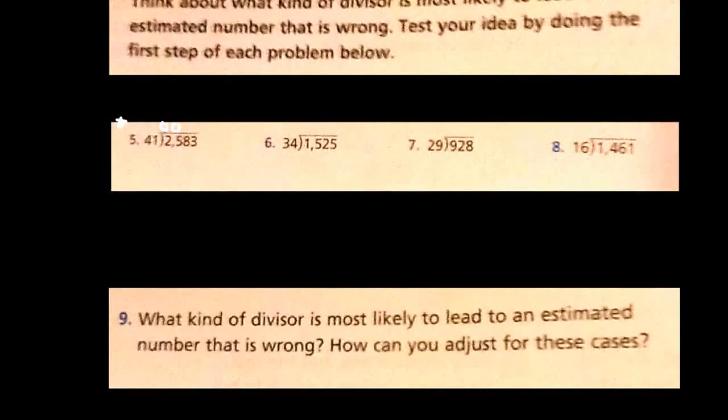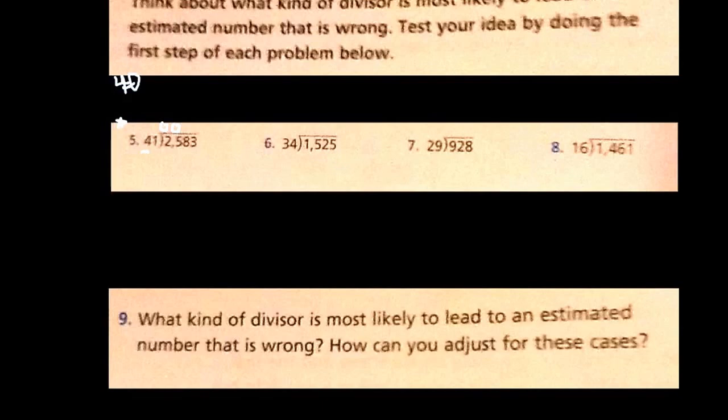41 will go into 258, but now I have to think of what numbers to use. So again, I'm going to look at that front number, 4. So I'm imagining that this is essentially the rounded number of 40. Okay, so use that 4, and I'm even just going to look at the first two numbers, 25 here.